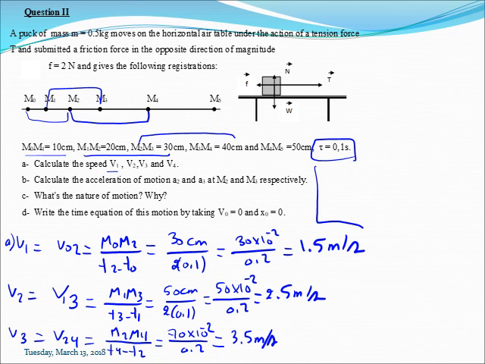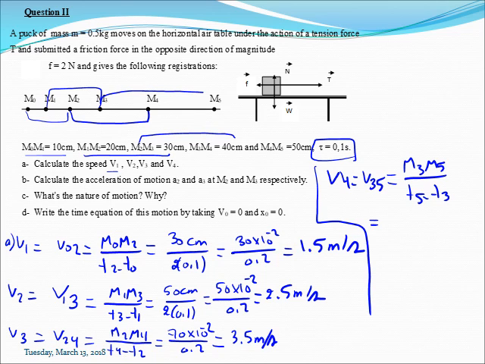And last, V4 equal V35 equal M3 M5 over T5 minus T3. The distance between M3 and M5 is 50 plus 40, 90 times 10 power minus 2 over 0.2 equal 4.5 meter per second.